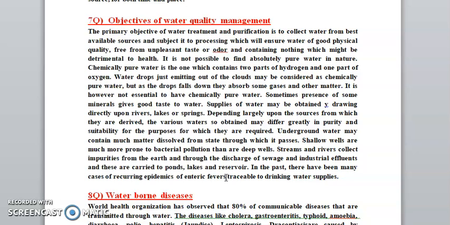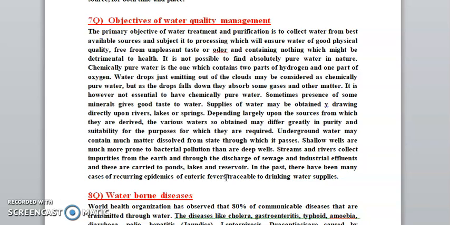Supply water may be obtained by drawing directly upon rivers, lakes or springs, depending largely upon the source from which it is derived. The various waters so obtained may differ greatly in purity and suitability for the purpose for which they are required.